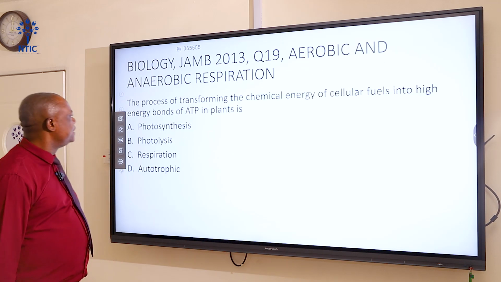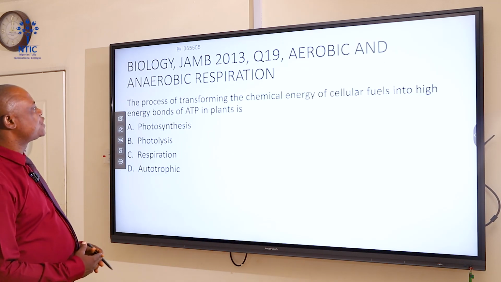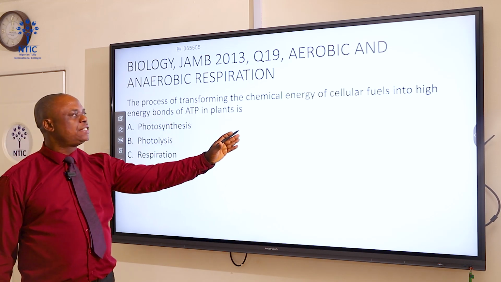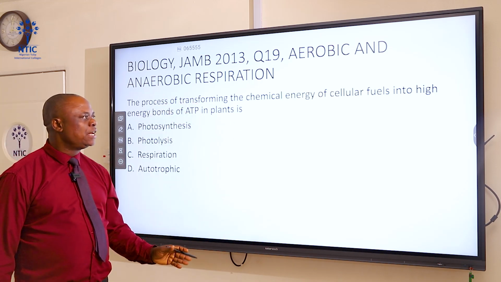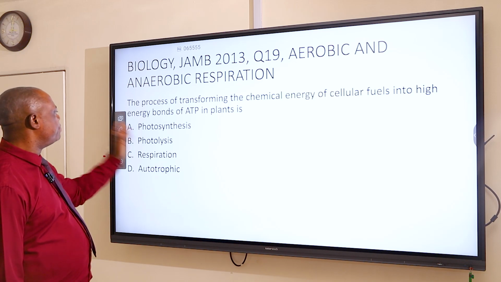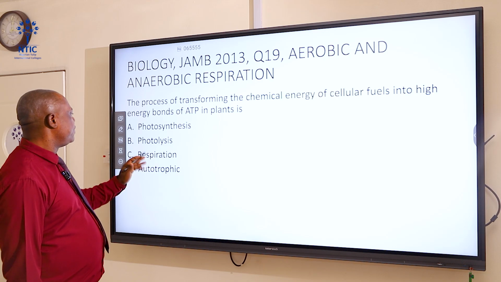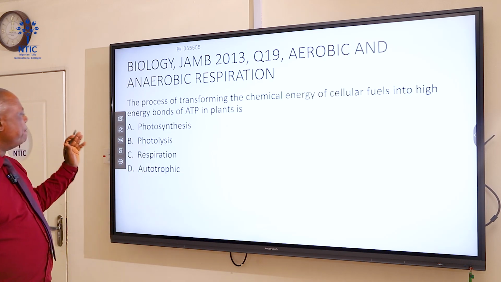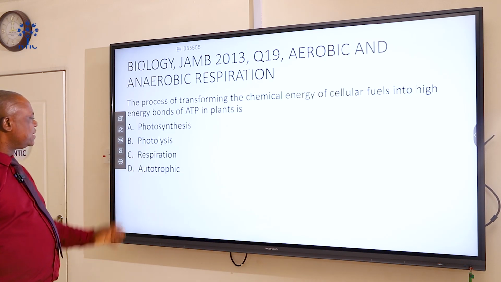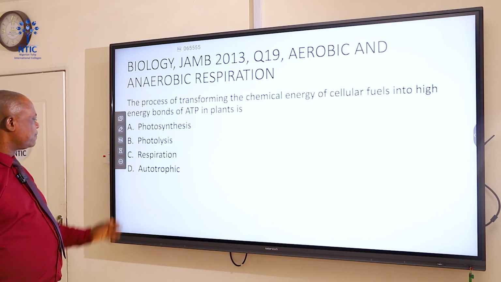Question number 19. The process of transforming the chemical energy of cellular fluid into high energy bonds of ATP in plant is: A, photosynthesis. B, photolysis. C, respiration.